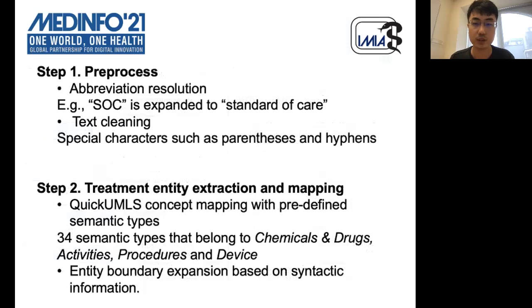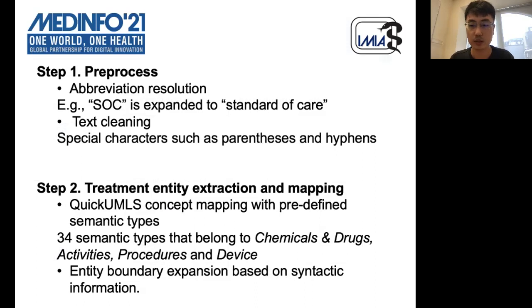Here shows the detailed description of each step. The preprocess involves abbreviation resolution, for example, SOC is expanded to standard of care, and also text cleaning. We remove special characters such as parentheses and hyphens. For the second step, we used QuickUMLS to identify and map the biomedical terms to the UMLS concept with 34 semantic types that belong to chemicals and drugs, activities, procedures, and device.